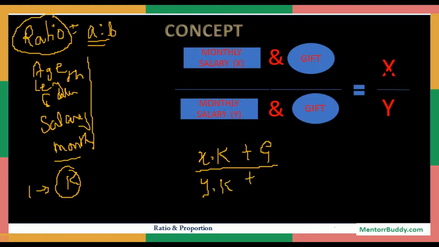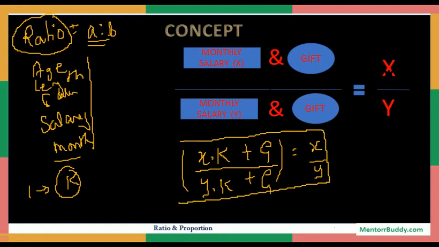plus the same gift. This ratio is always equal to the ratio of the number of months the first man had worked upon the number of months the Y man had worked, and this entire equivalence of the ratios is termed proportion.